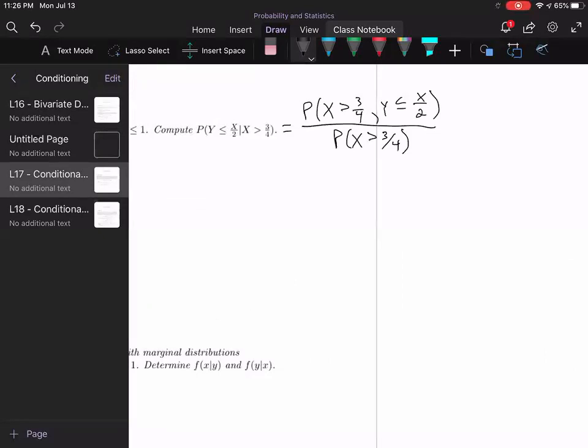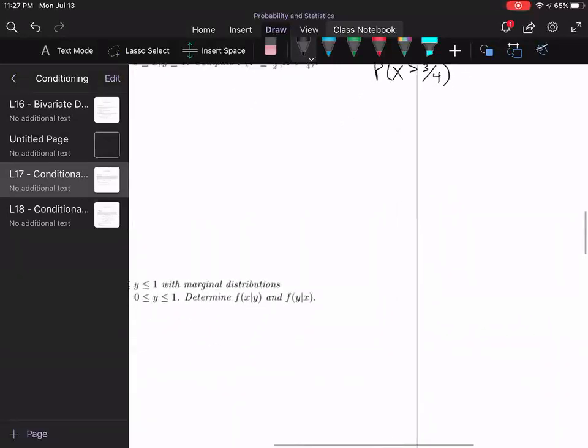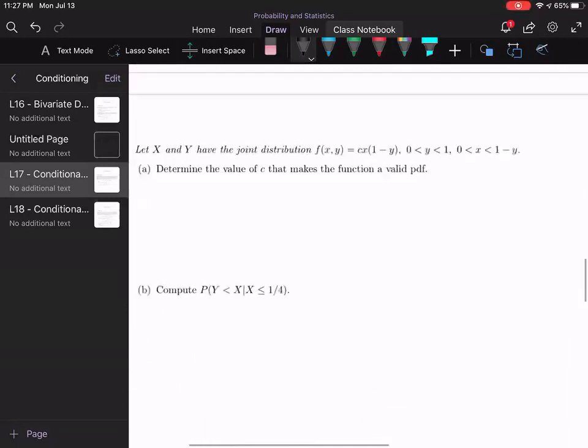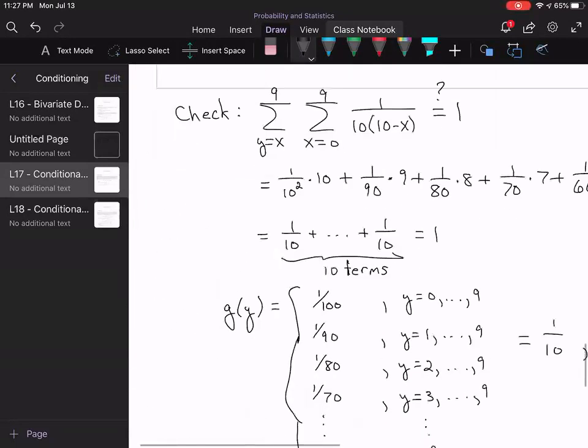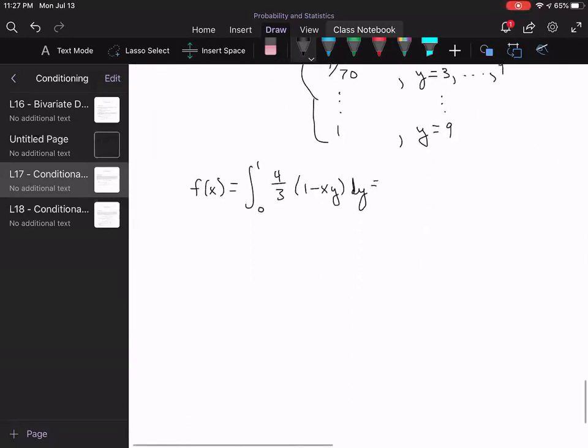And that is just from your definitional form of conditional probability. So we want the probability that x is greater than 3/4, which we will be able to get to with our marginal. So let's get our marginal.